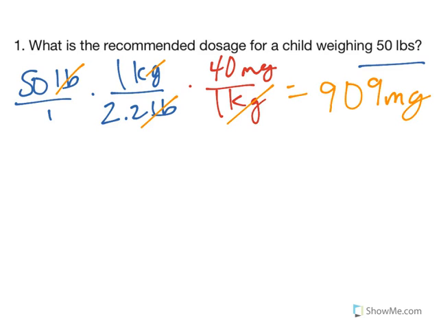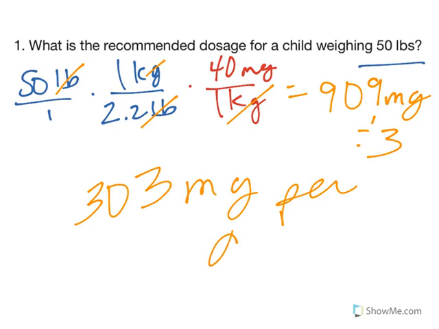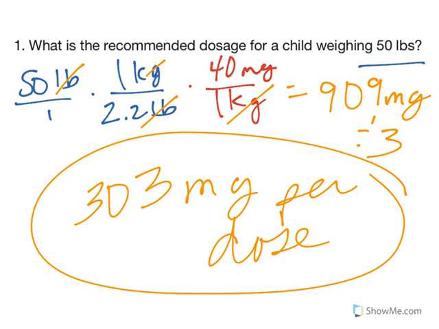So are we going to just shoot this person up with 909 milligrams? No. So we are talking about per dose, and if we go by 8 hours, there are 3 8-hour chunks in a day, so we are going to divide this by 3, and we are getting 303 milligrams per dose. All right, we've done that before. It's a good refresher from the past.